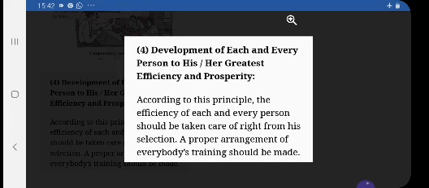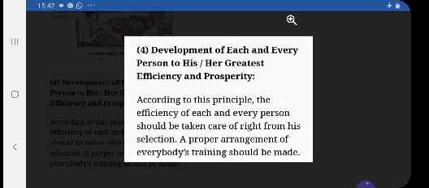And this is what leads to increased efficiency. Of course, if he gets the promotion, his standard of living and his salary will also increase. This principle is also similar to the principle given by Henry Fayol, that remuneration to the employee should be fair, so that he can maintain his standard of living.